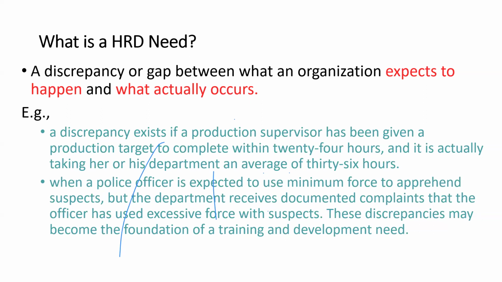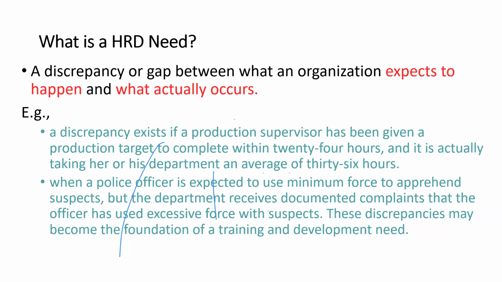So in that case, we need to bring that employee back to the expected level, right? So how can we do that? Basically through training and development, through developing the employee. And when a police officer is expected to use minimum force to apprehend the suspects, but he is using the maximum force, right?